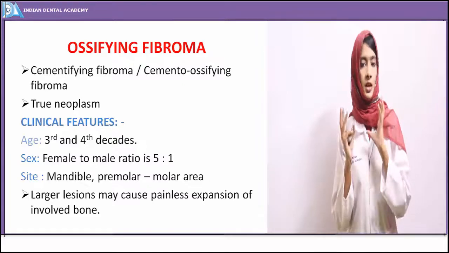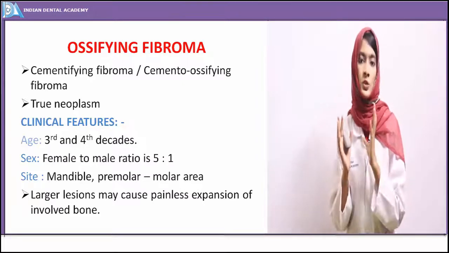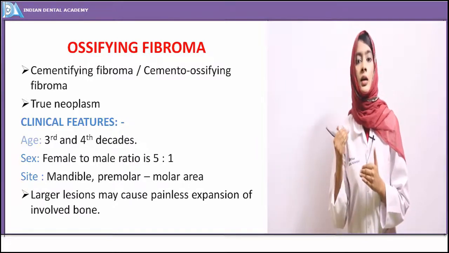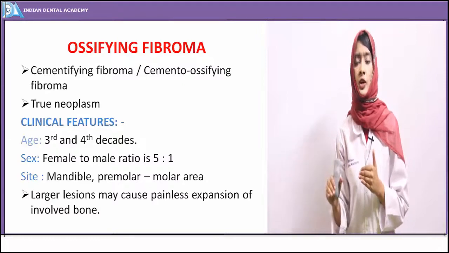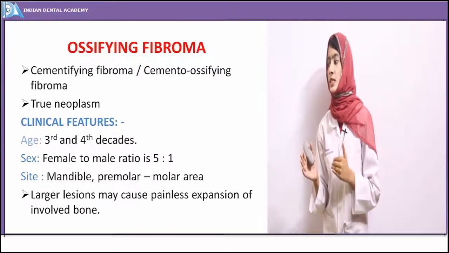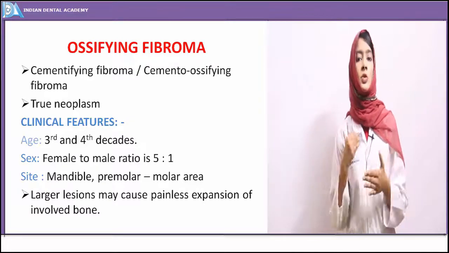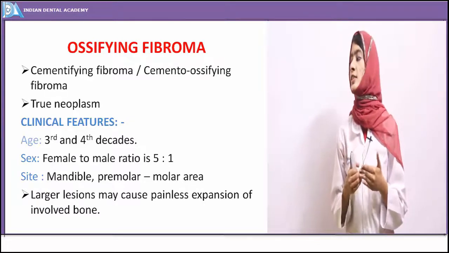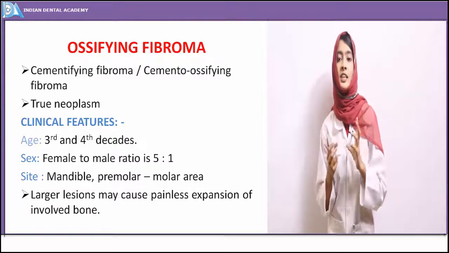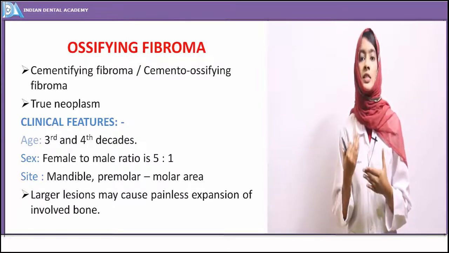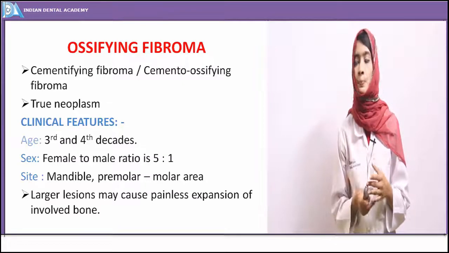When the lesions are large, they may cause considerable swelling, bulge in the oral cavity, and then they may cause dull aching pain. Ossifying fibrous lesions show marked predilection for occurrence in females, and they are most commonly seen in middle-aged individuals. The more commonly affected site is the mandible, that is the premolar molar area.